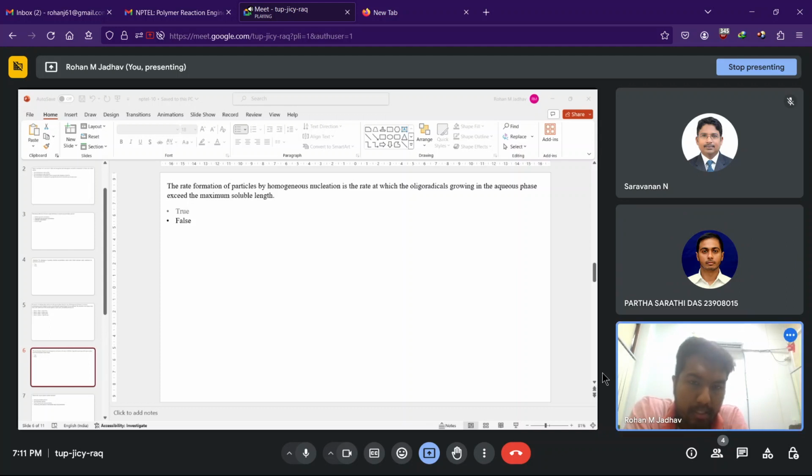In this case, we supply the initial charge and then we let the reaction occur. Semi-continuously we are sending small batches. That is called semi-continuous.